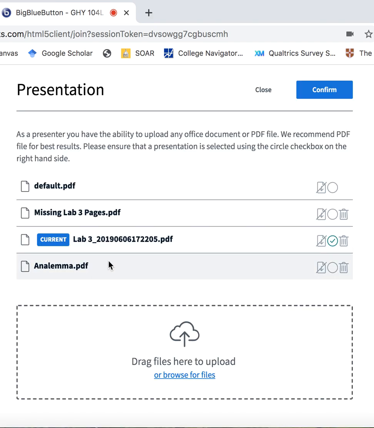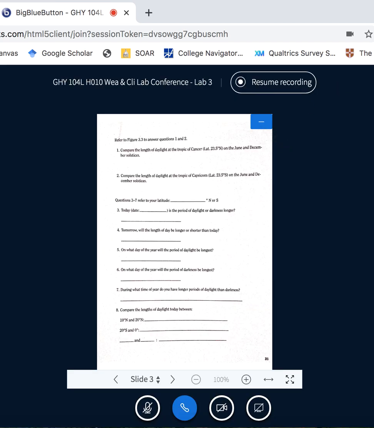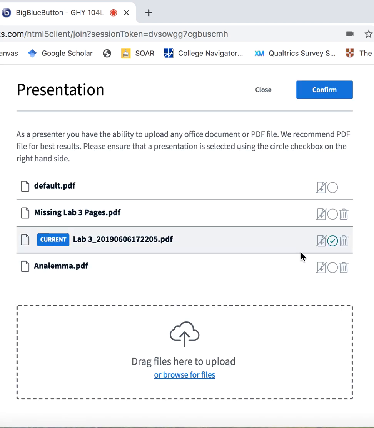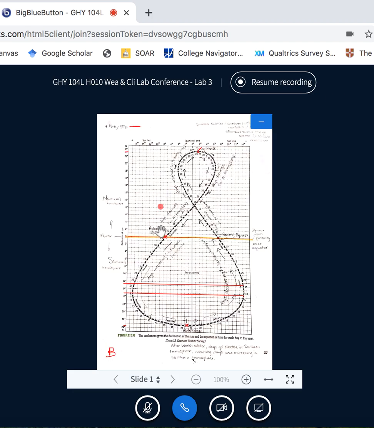Let me just go here real quick. Okay. So, tell me what the length of daylight is in June. Oh no, we're just doing Cancer. Tell me what the hours are for people who are near the Tropic of Cancer, which is 23.5 degrees north.